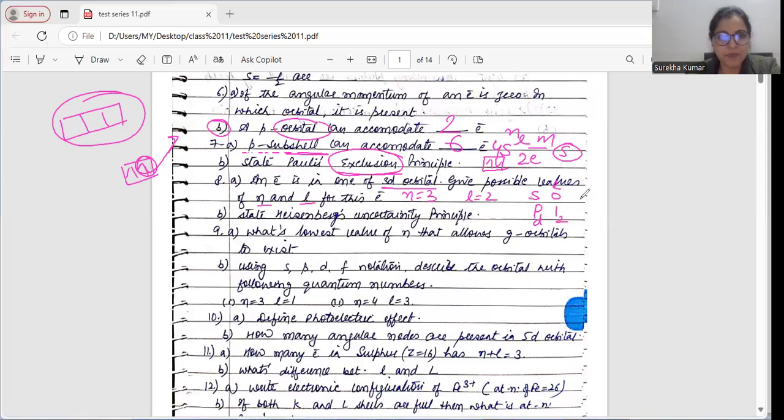Always, it is fixed. State Heisenberg's uncertainty principle. Now, concentrate on the word uncertainty. What is uncertain?